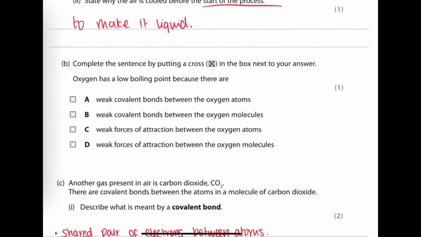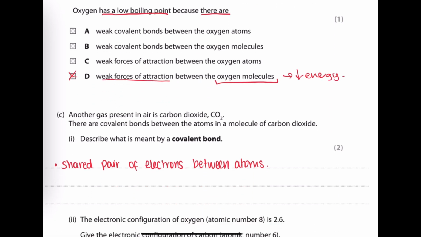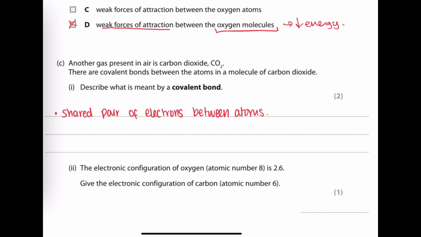B. Complete the sentence by putting a cross X in the box next to your answer. Oxygen has a low boiling point because there are weak forces of attraction between these oxygen molecules. That means it doesn't need much energy, therefore not much heat, so that you can actually break these weak forces of attraction. Another gas present in the air is carbon dioxide.